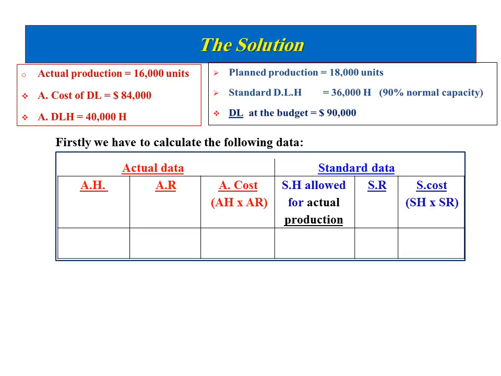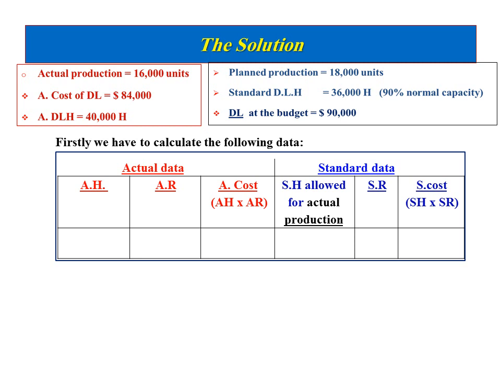Okay, this is my information from my comprehensive example related to direct labor. Don't forget my actual production 16,000, my actual cost of direct labor 84, my actual direct labor hours 40. Here I have actual hours and actual cost.